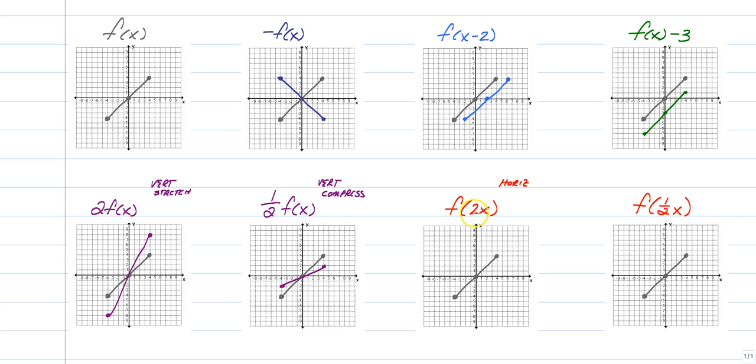So you would think this is a horizontal stretch, but it's actually a horizontal compress, and it's by the reciprocal, so it's actually 1/2. So instead of stretching it to the right by 2, we actually are going to shrink it up by 2.